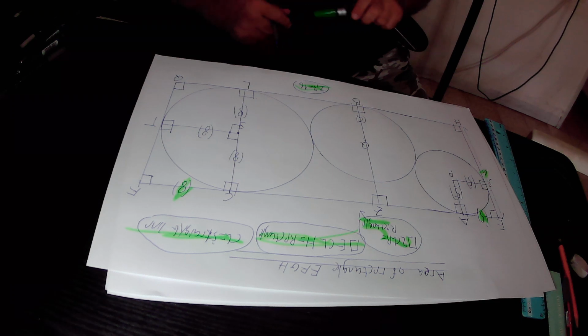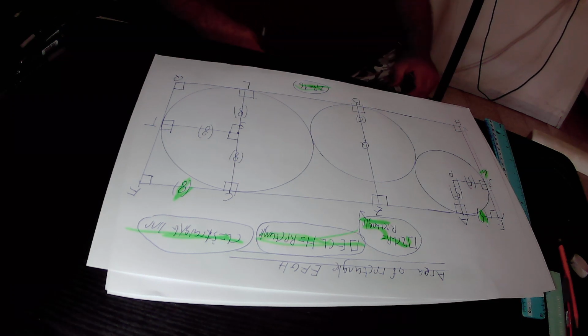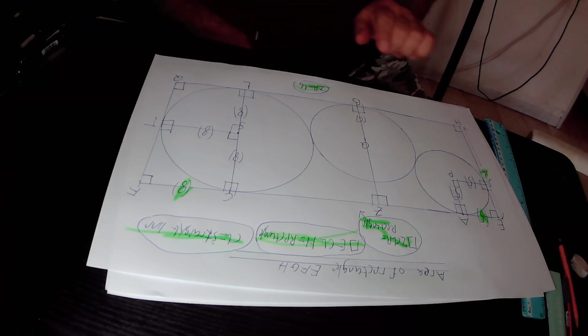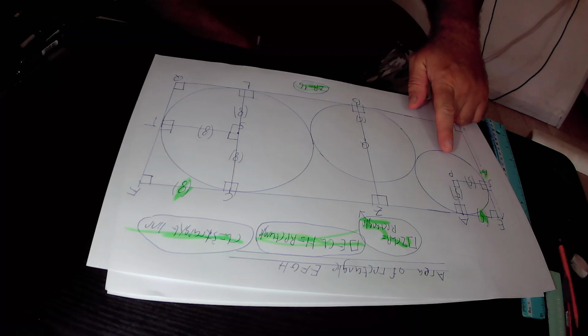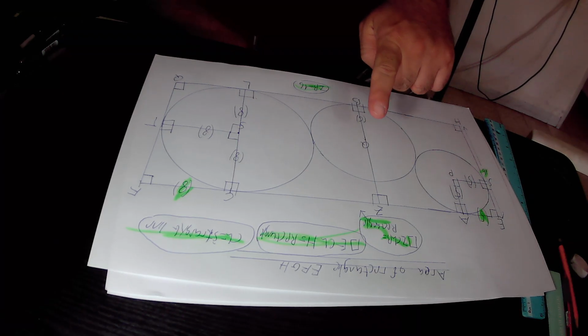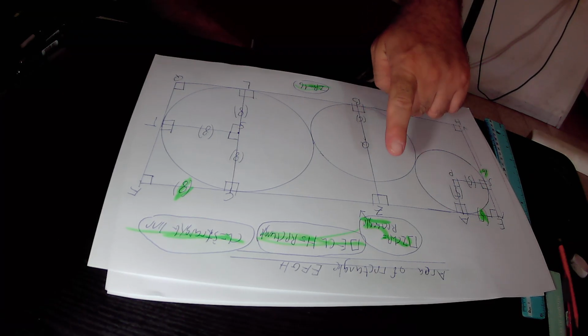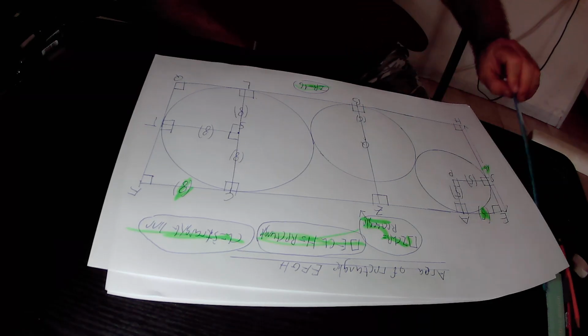In the next step, we will do another construction. That is to say, from point P, that is the center of this small circle, we will draw a perpendicular on ZB.